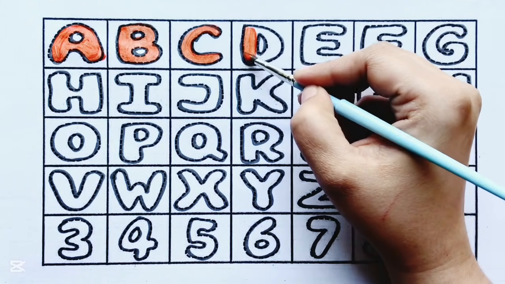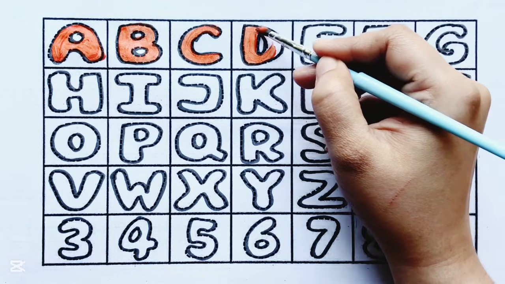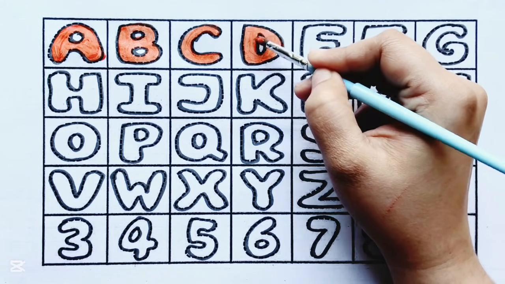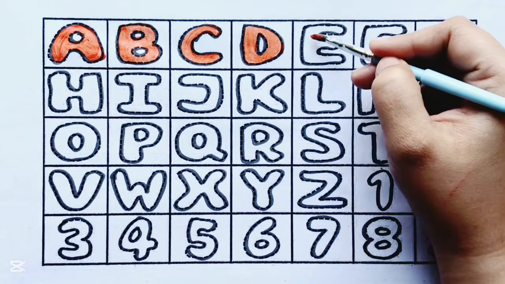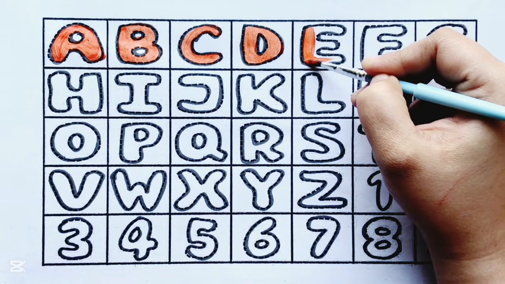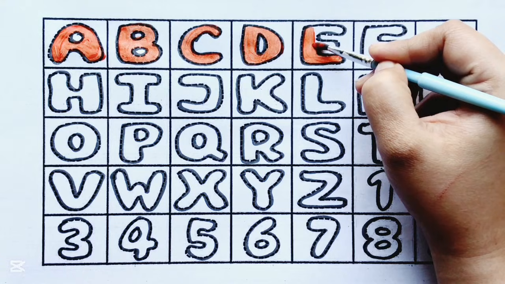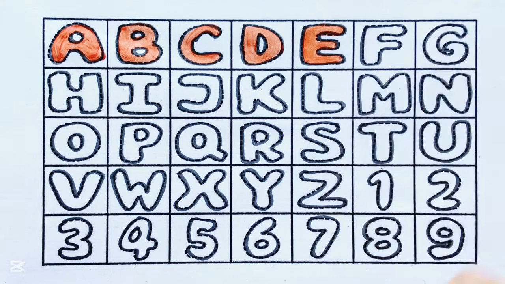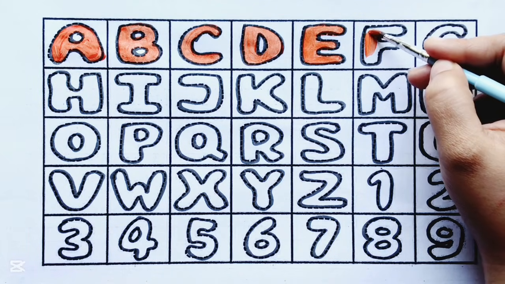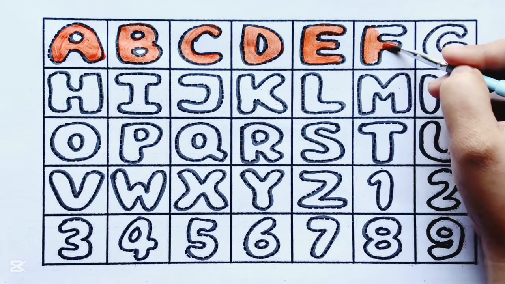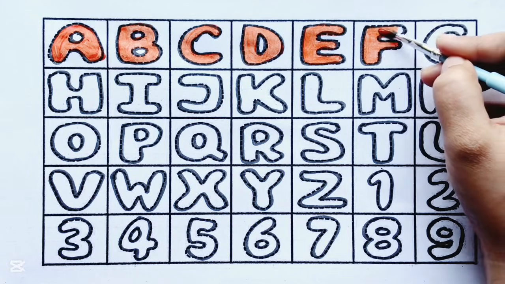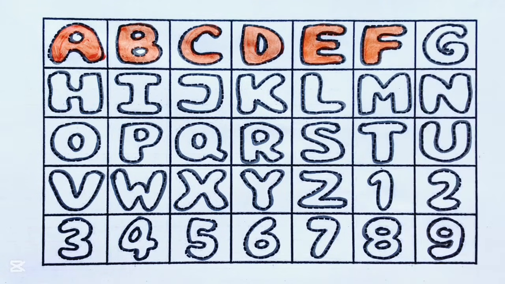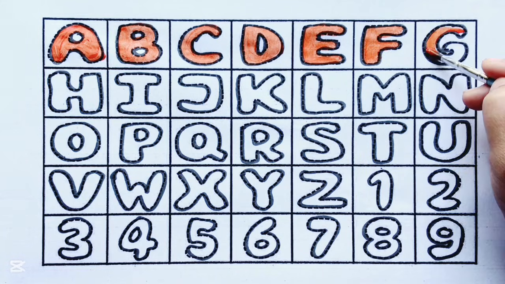D for dog. E for egg. F for flower. G for grapes.